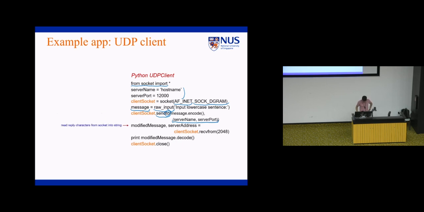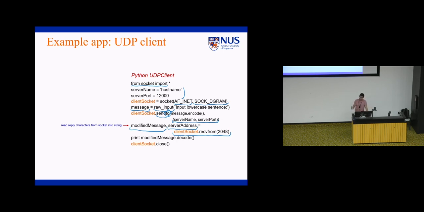And then we'll just keep listening on our port in case the server sends us a reply. With this recvfrom method, clientSocket.recvfrom, and this 2048 is just some buffer size, we are listening on the client socket, and whatever we receive, we assign into modifiedMessage, and we are also assigning the address we receive it from into serverAddress.